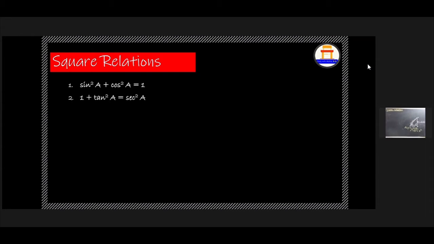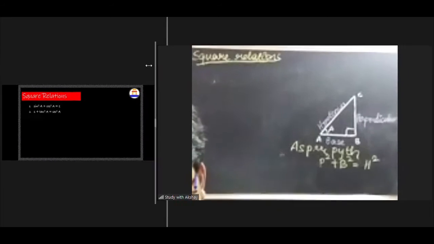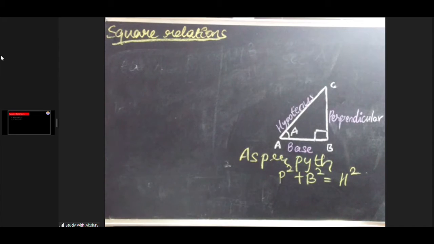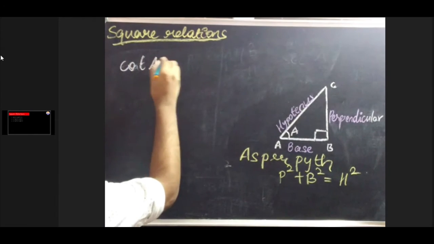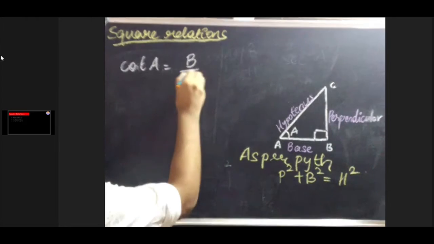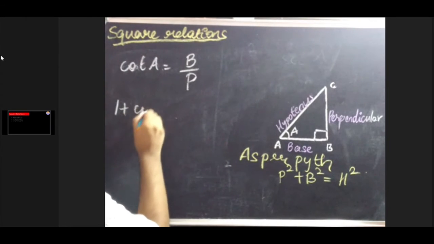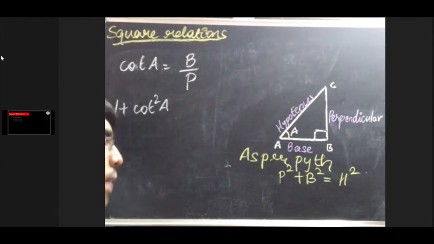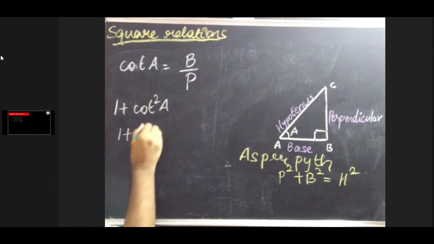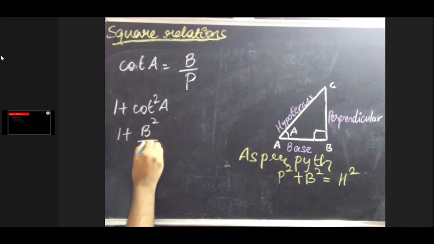If that is done, let's move with the third square relation, or the third standard result. I will take cot A as base by perpendicular. 1 plus cot square A will be 1 plus cot A the whole square, which is 1 plus base square divided by perpendicular square.